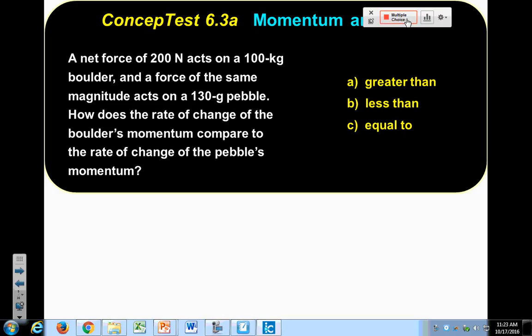Okay. A force acts on a 100 kilogram boulder. The same force acts on a 130 gram pebble. How does the rate of change of the momentum compare for the boulder and pebble?